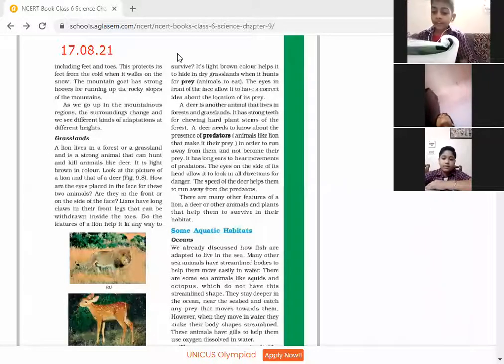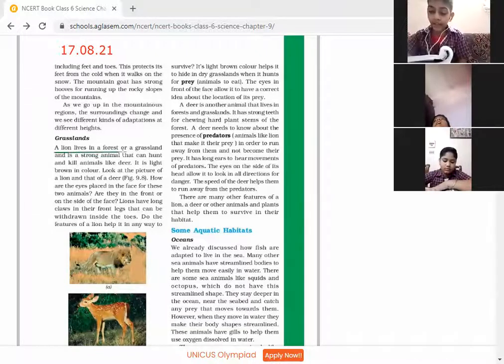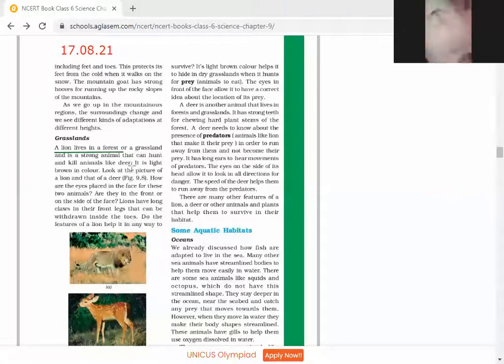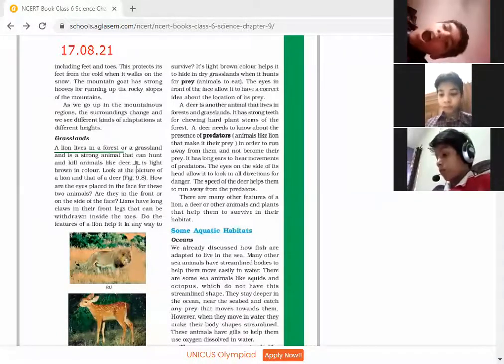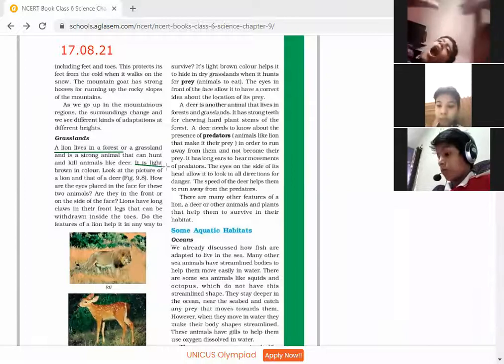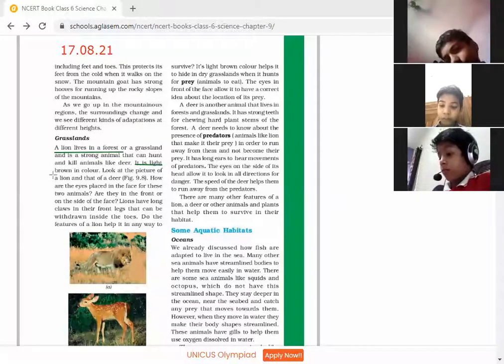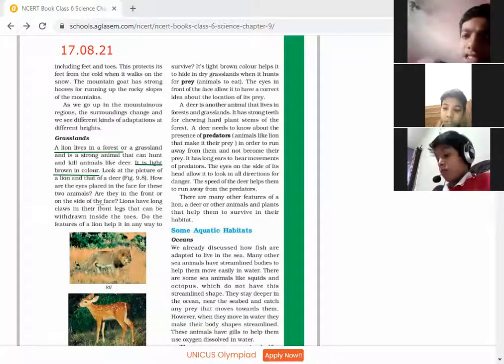A lion lives in a forest or a grassland and is a strong animal that can hunt and kill animals like deer. It is light brown in color. Look at the picture of a lion and that of a deer, figure 9.8. How are the eyes placed in the face for these two animals? Are they in the front or on the side of the face?